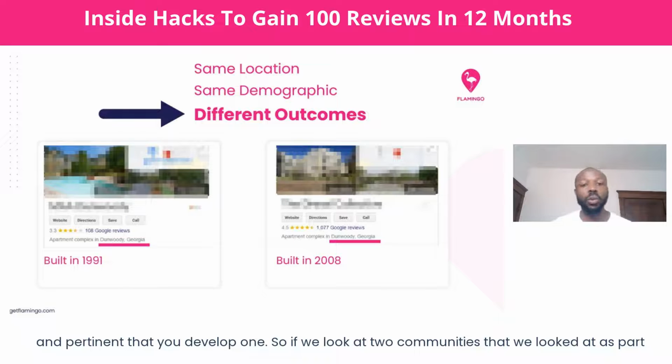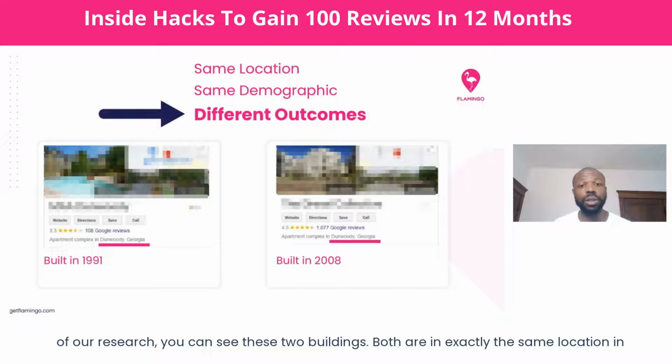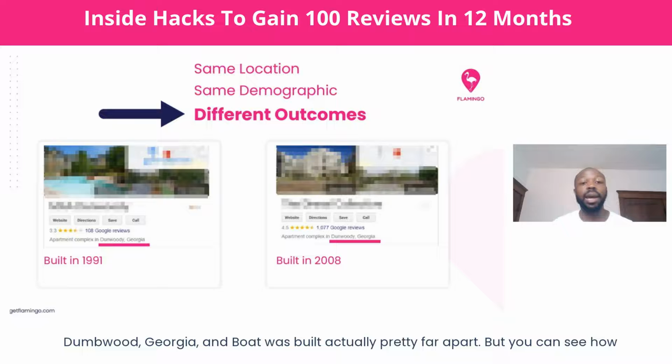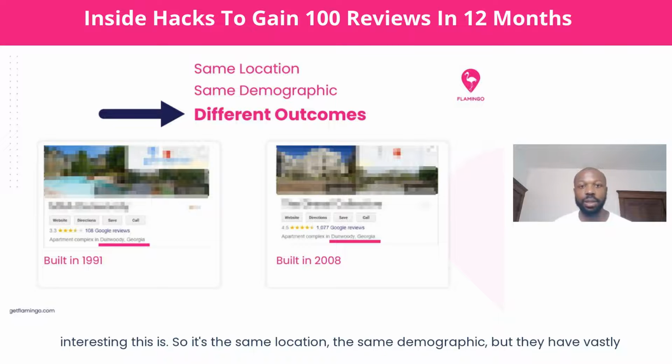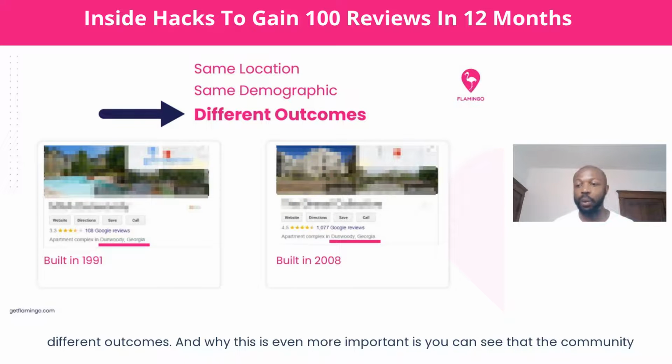If we look at two communities that we looked at as part of our research, you can see these two buildings. Both are in exactly the same location in Dunwoody, Georgia. And both were built pretty far apart, but you can see how interesting this is. It's the same location, the same demographic, but they have vastly different outcomes.